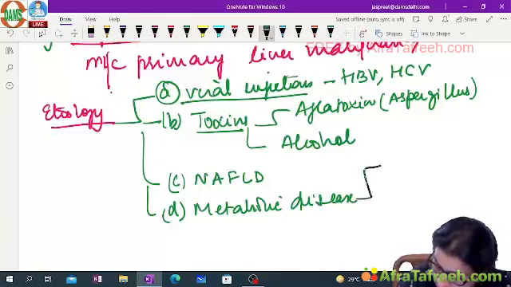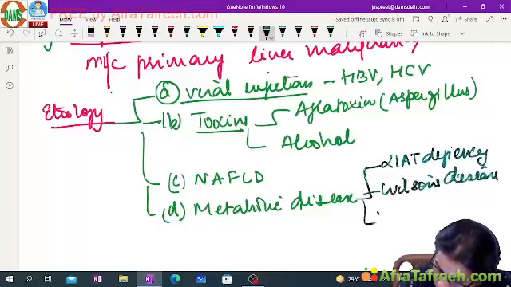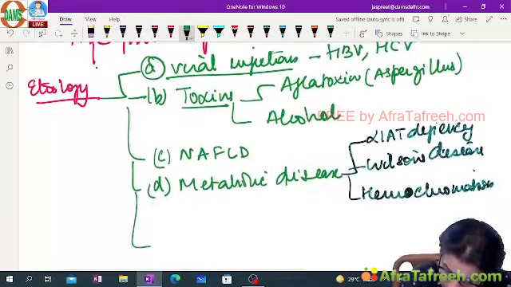Metabolic diseases are alpha-1 antitrypsin deficiency, Wilson's disease, and hemochromatosis. We will be seeing all these. All can predispose to hepatocellular carcinoma.